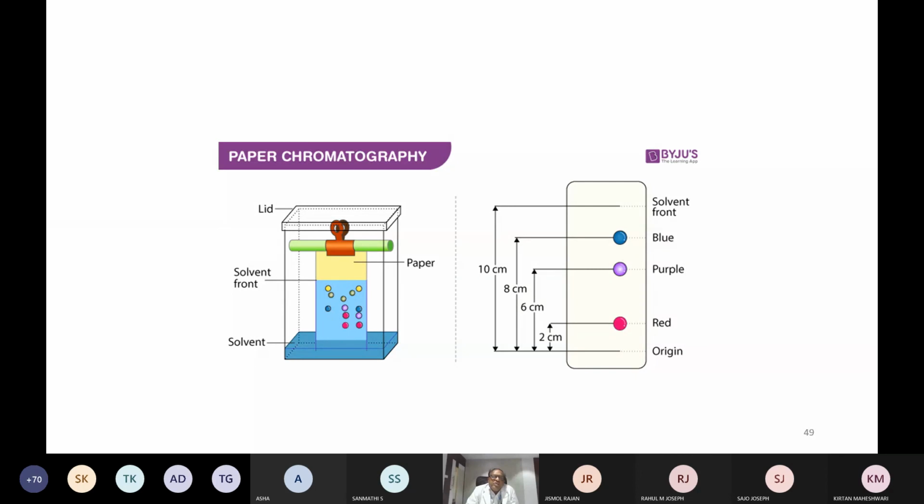The most sophisticated nowadays is HPLC. With that, you can quantify and purify the amino acids brought out of the mixture, and you can strongly defend that this type of amino acid is found in that patient. This is about paper chromatography.